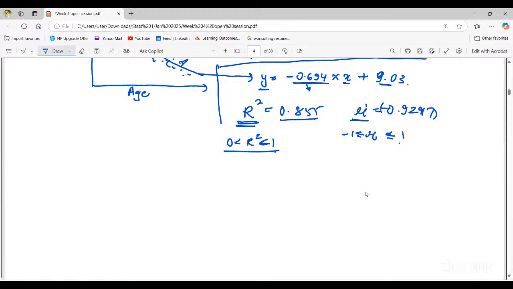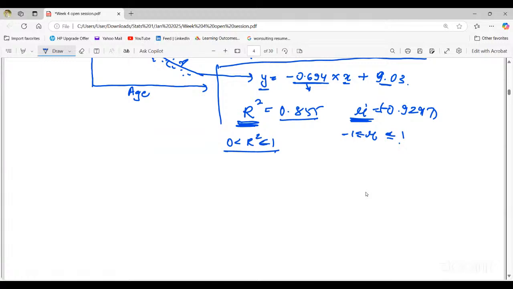This is the correct representation, and this is the representation of correlation. This is the goodness of fit of the line. This is correlation. These are two different terms. Okay. Is it fine?